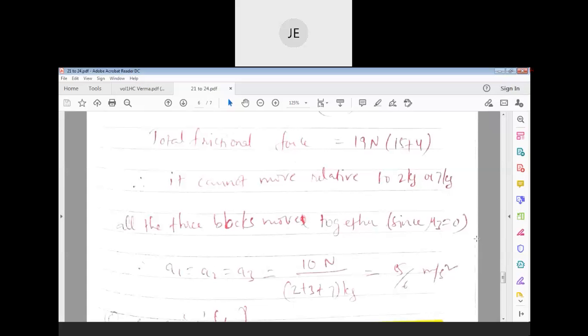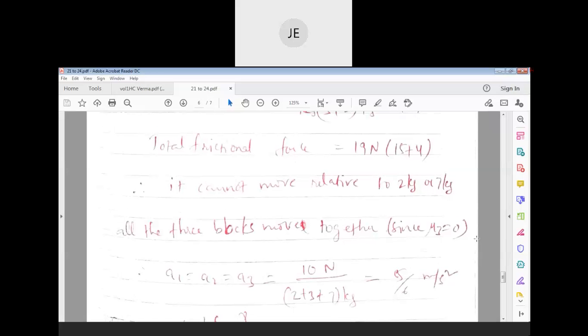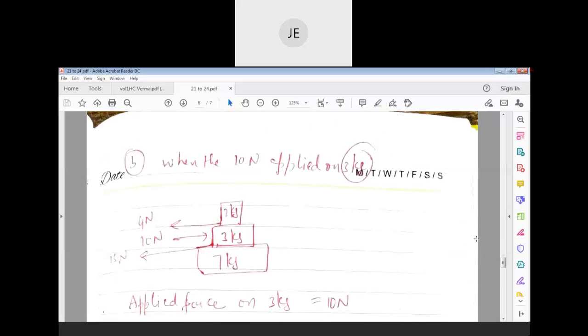Relative to each other means, for example, 3 kg moves rightwards, then 2 kg and 7 kg move leftwards. All the blocks' motion will be different. In that case, we say relative.